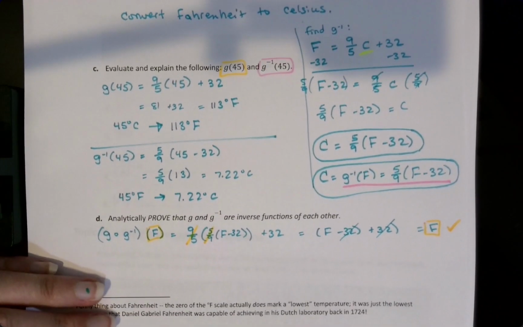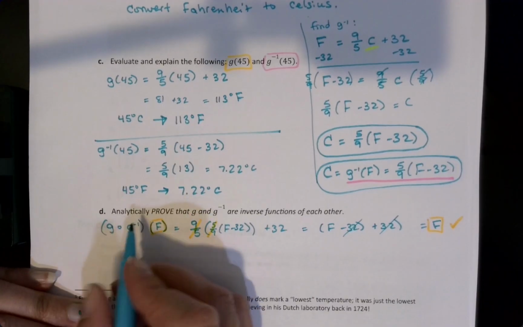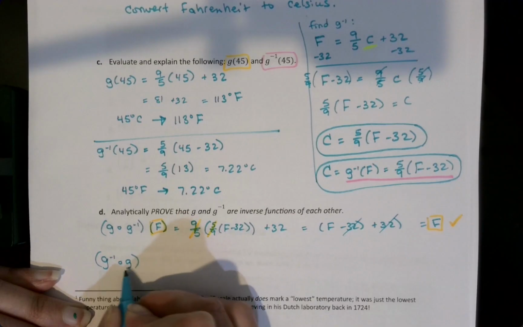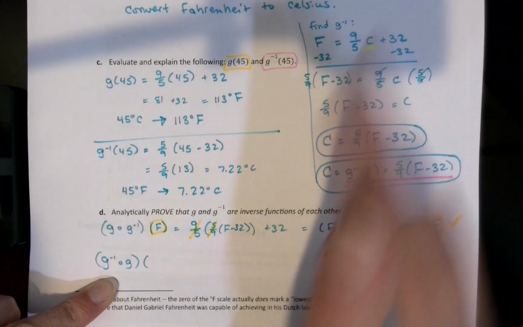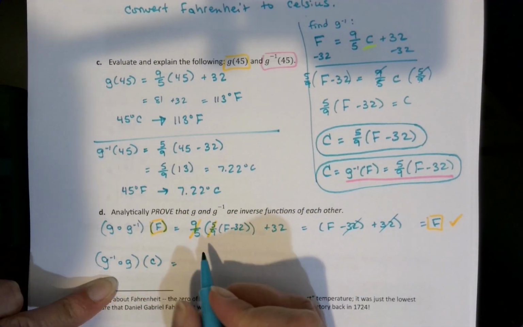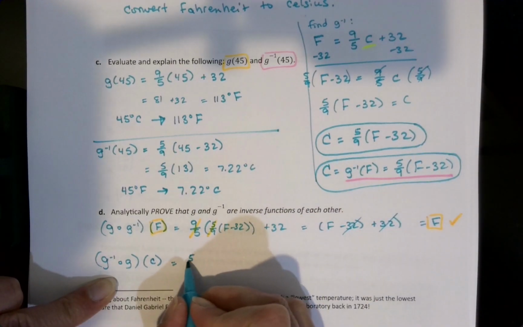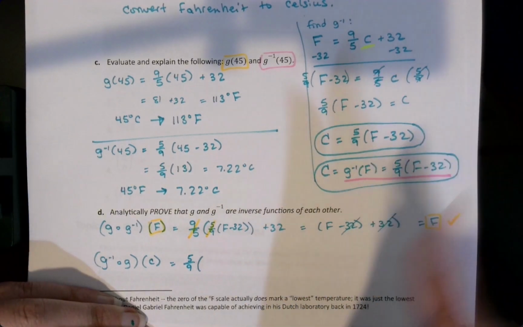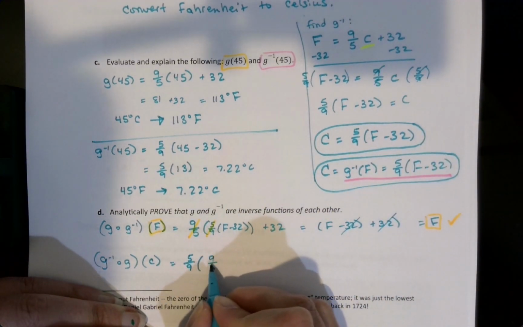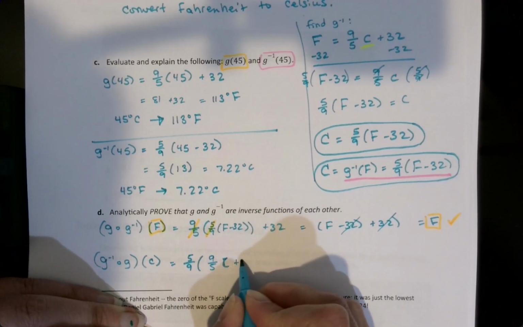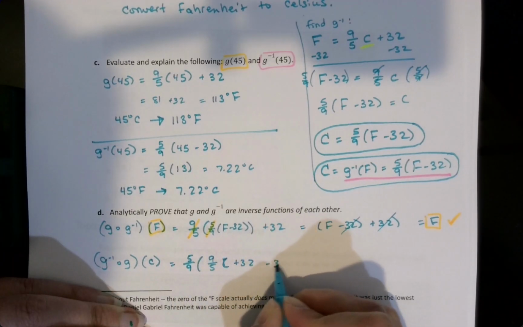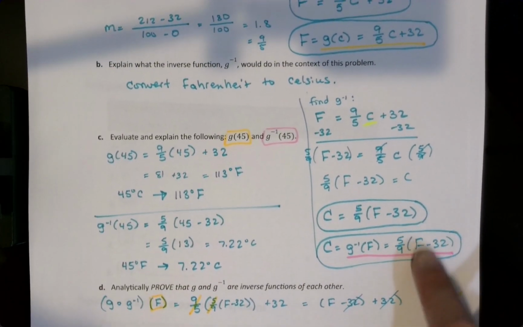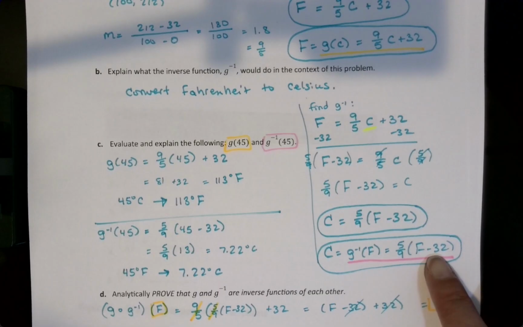And we do need to show this in both orders. So if we did g of g inverse, we'll also show g inverse of g. The argument of g needs to be c. So g inverse, 5/9 of, in place of the variable, we put the other function, 9/5 c plus 32. That all goes inside of f, then finish by the minus 32.